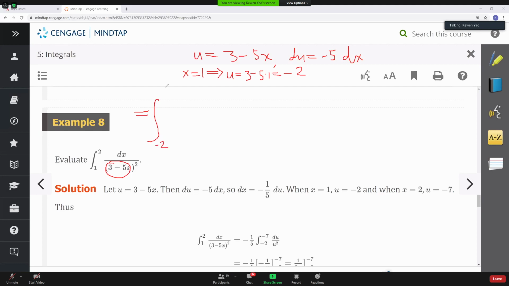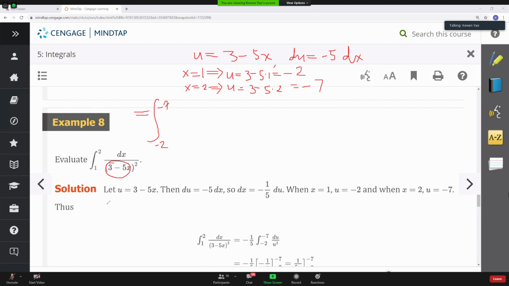Now find the new upper limit for u. The upper limit is x equal to 2. The corresponding value for u is 3 minus 5 times 2, so the new upper limit is -7.